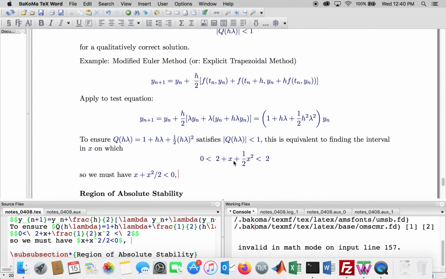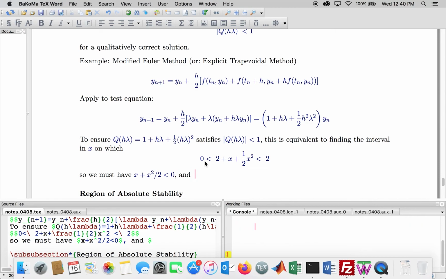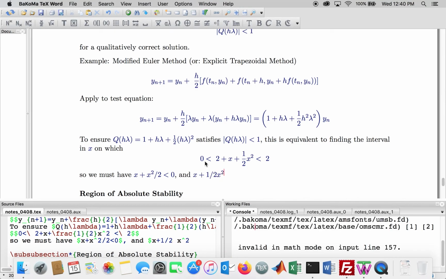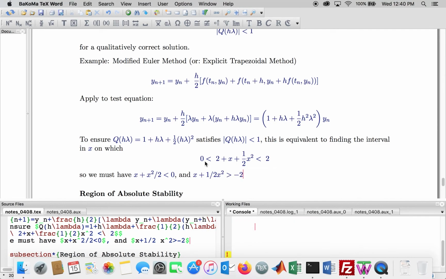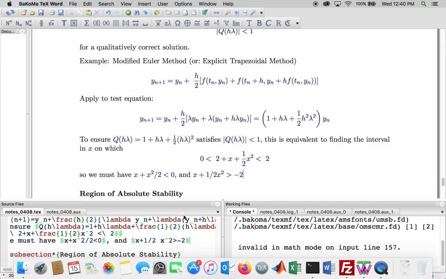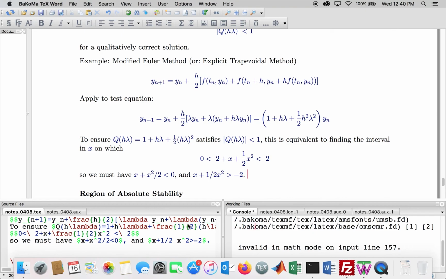Also, we must make sure that not only is it negative, it's not so negative that it goes past 0. So we don't want to have x plus 1 half x squared greater than -2.